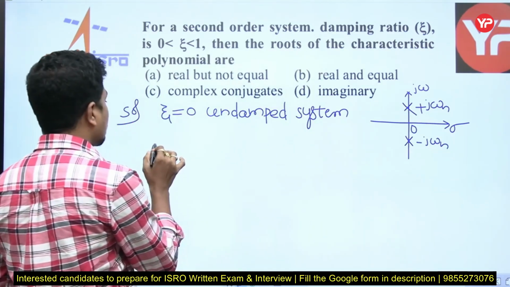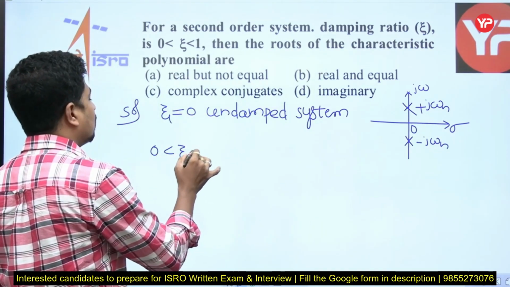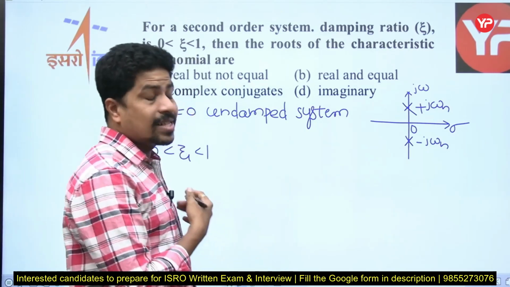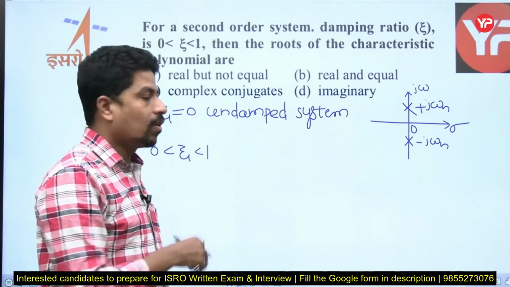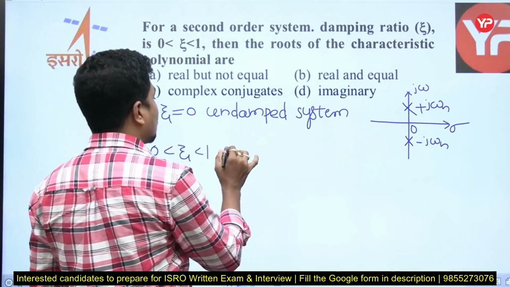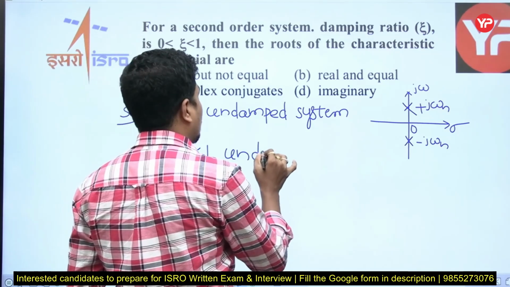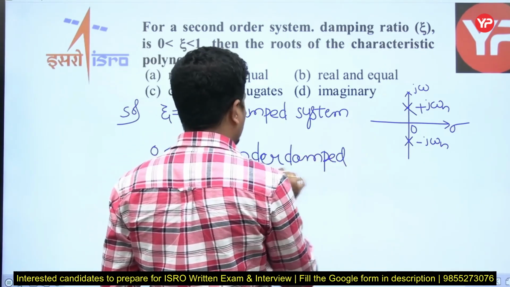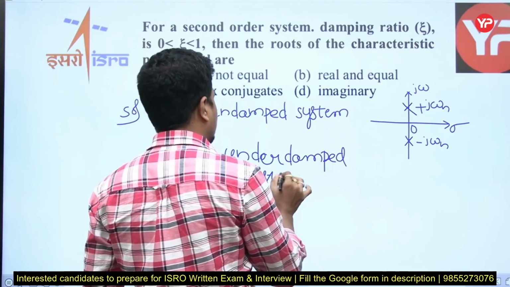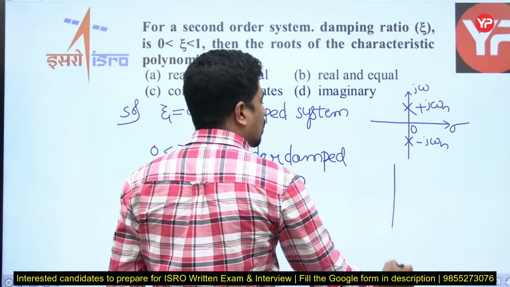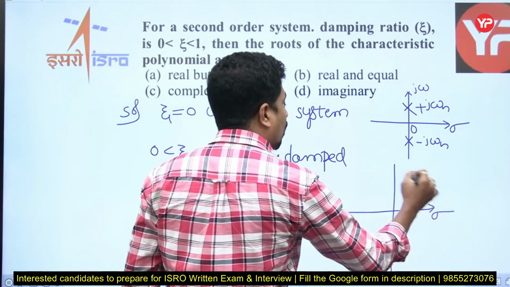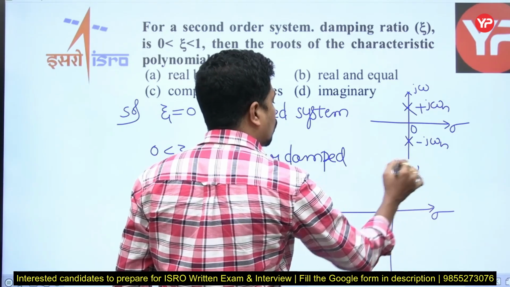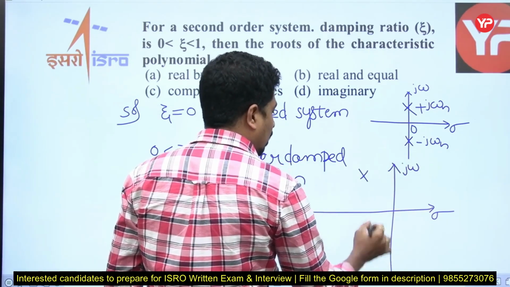Now the second case is 0 less than zeta less than 1, greater than 0 but less than 1. It is called the underdamped case. For an underdamped system, the poles are complex conjugates, in the negative side.